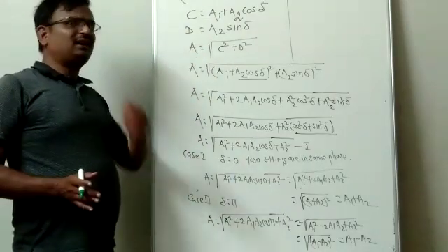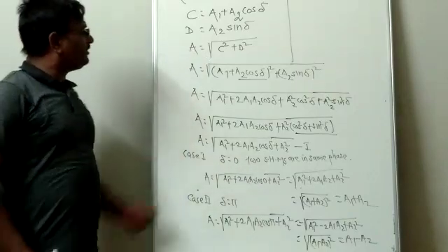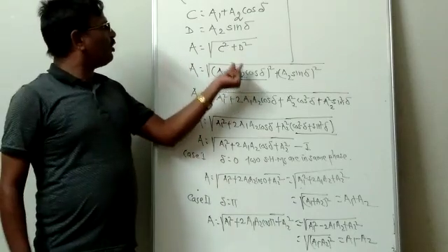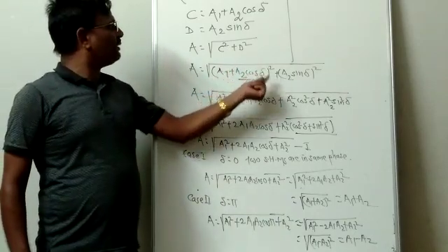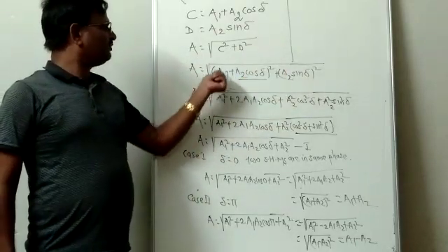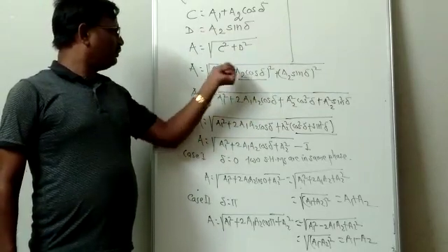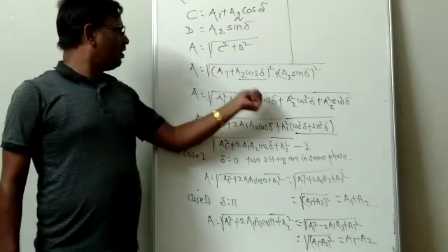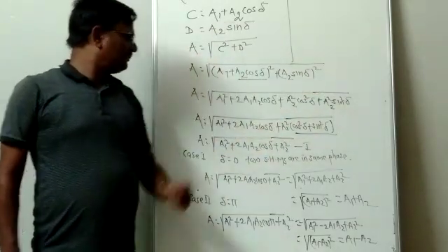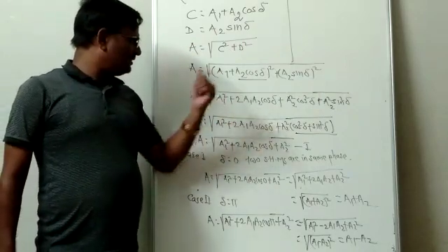We have seen in the last video, capital A is equal to the square root of C square plus D square. The square root of (A1 plus A2 cos delta) whole bracket square plus (A2 sin delta) whole bracket square. A1 square plus 2 into first term into second term, 2A1 A2 cos delta, plus A2 square cos square delta plus A2 square sin square delta. A1 square as it is, 2A1 A2 cos delta as it is.